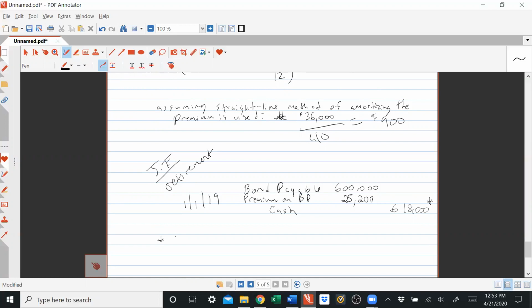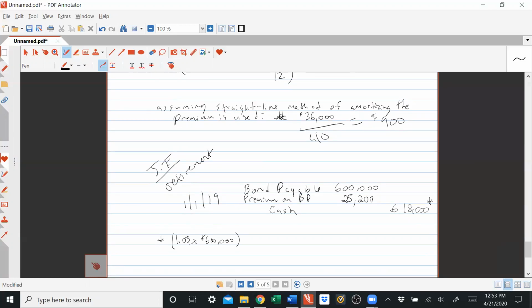So it's just the 1.03 times face value. That's what that means. So we had to cut a check to the lender for $618,000 in order for them to shred their bond certificate and not legally hold us responsible to pay them that $600,000 back at 20 years from 1/1/2013.